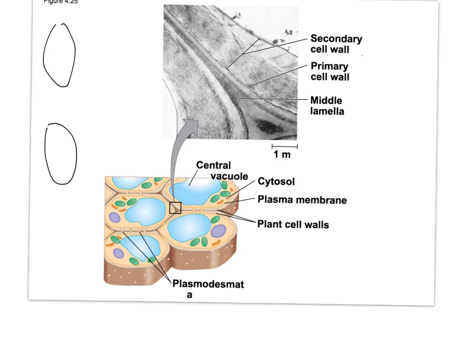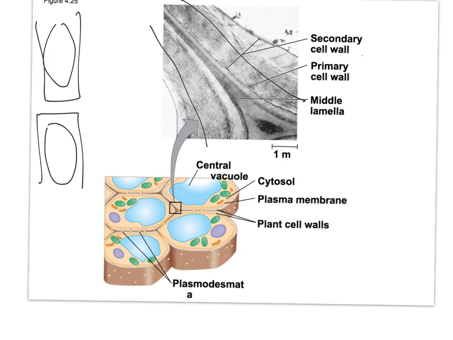Right? Each cell is going to build its own. So now this cell is going to build its cell wall, and this cell is going to build its cell wall. That's what you're ending up with right here. Here's one cell wall, here's another one. They push up to one another, and you end up with this middle part in between. That's what the middle lamella is, okay?